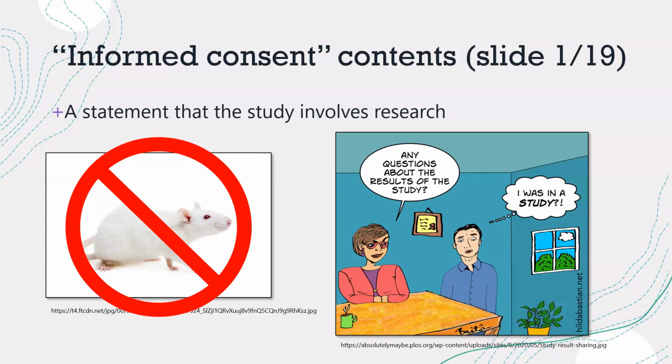That's particularly important because in other types of research, people don't realize, oh, I was part of a study? What? They didn't realize that they were receiving experimental treatment of some kind. This wasn't the real thing. I got a placebo. Again, that's not so much a problem in usability, but whenever we're doing research, we always need to state that the study involves research.